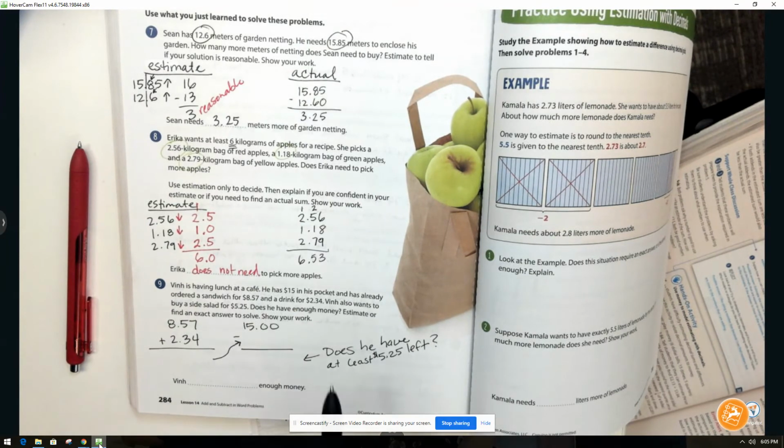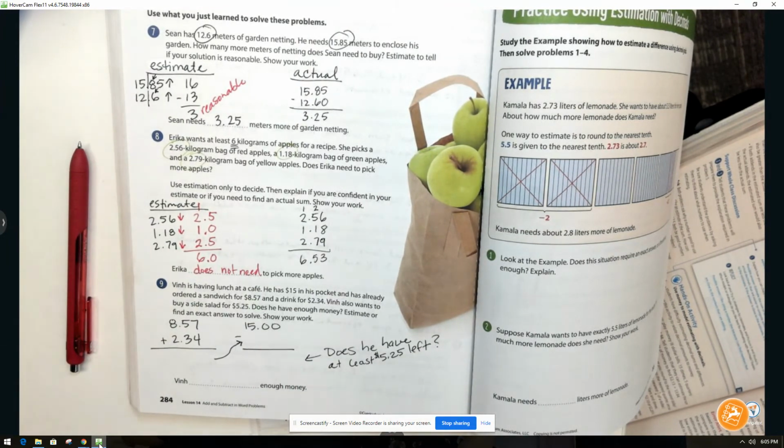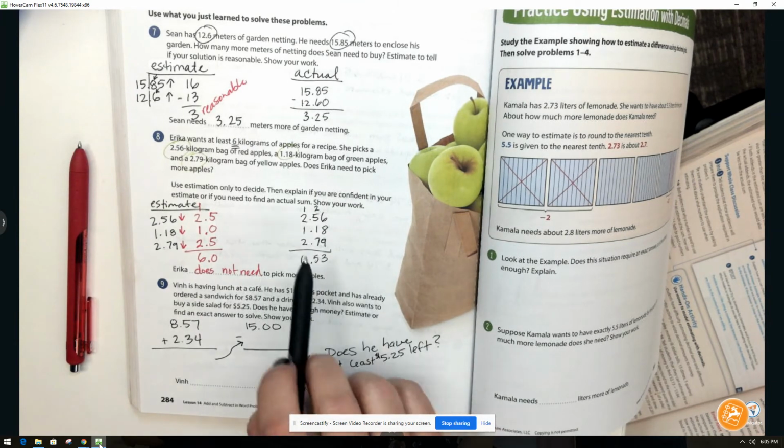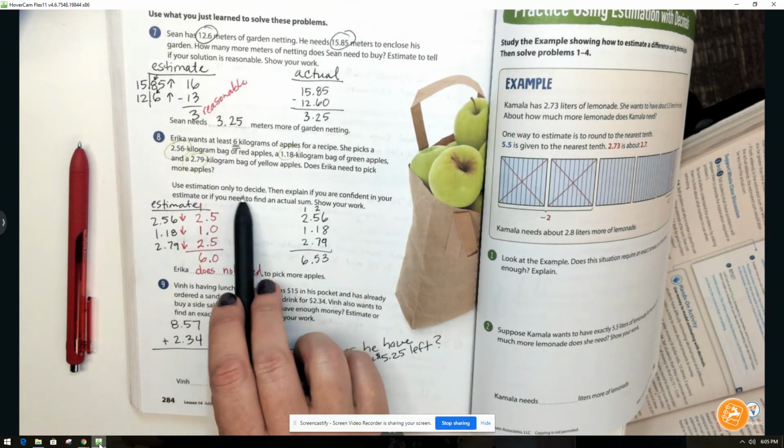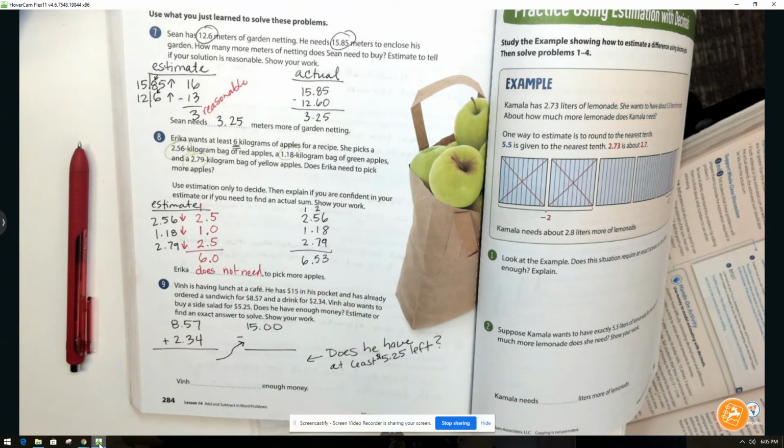So she actually picked 6 and 53 hundredths kilograms of apples. So it says here, use estimation only to decide. Well, we decided before we checked our work, but she really didn't need it.